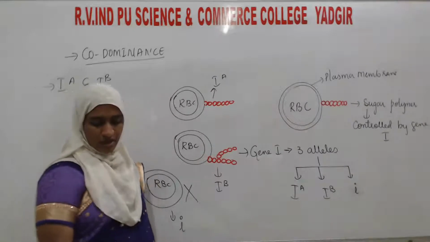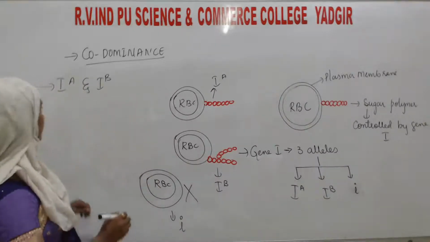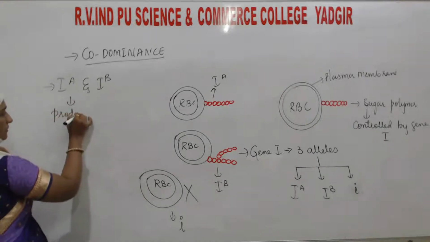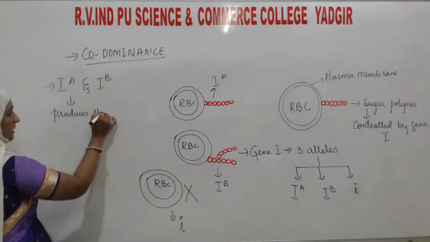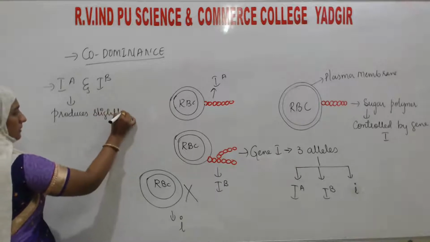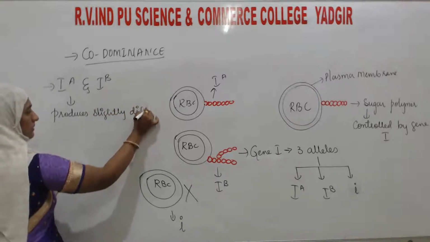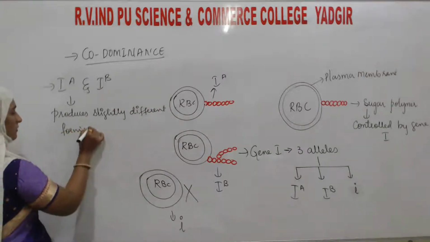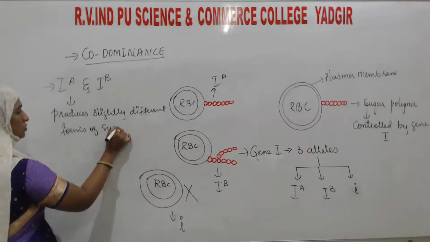So see here, IA and IB produce slightly different forms of sugar polymer.